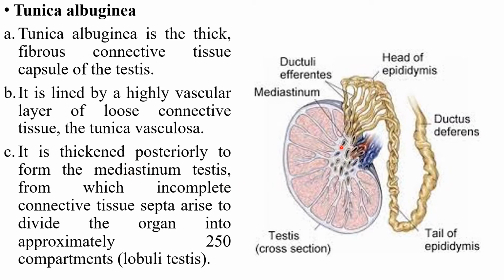So this region is called mediastinum of the testis, from which the incomplete connective tissue septa arise to divide the organ into approximately 250 compartments, which are called lobuli of testes. So you can see here, this is the mediastinum from which septa arise, which divide the entire testis into approximately 250 compartments.